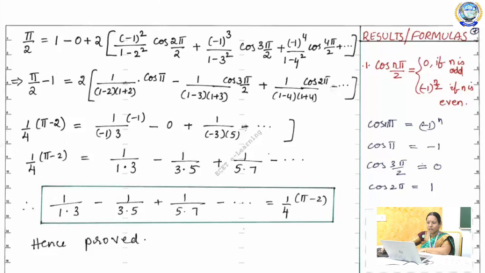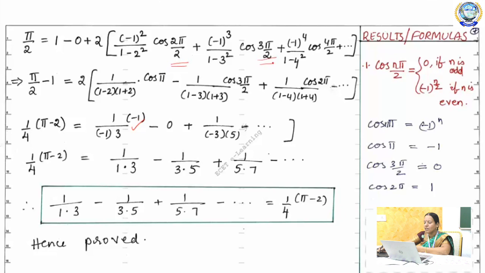After expanding the summation, we get pi by 2 minus 1. You are taking minus 1 this side. That is pi by 2 minus 1 equals 2 into this one. Now here cos 2 pi by 2 is nothing but cos pi. You know that cos pi is minus 1. Now what is cos 3 pi by 2?